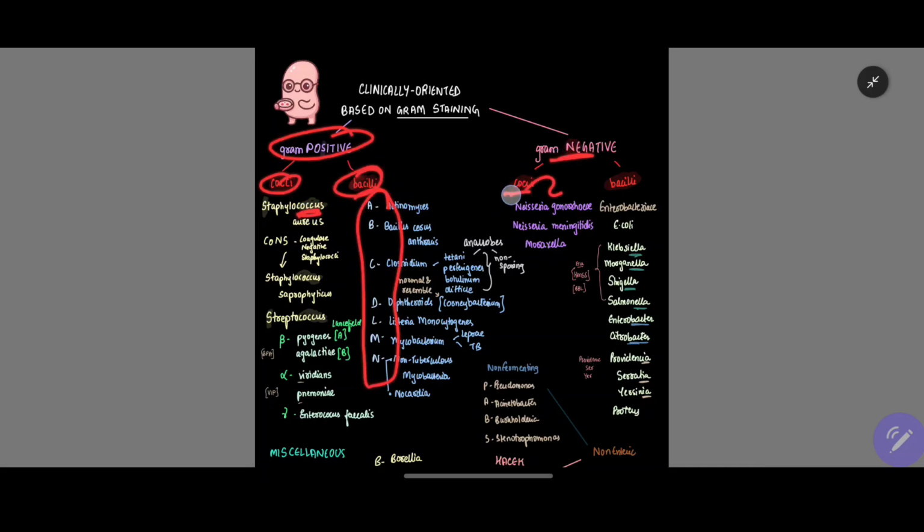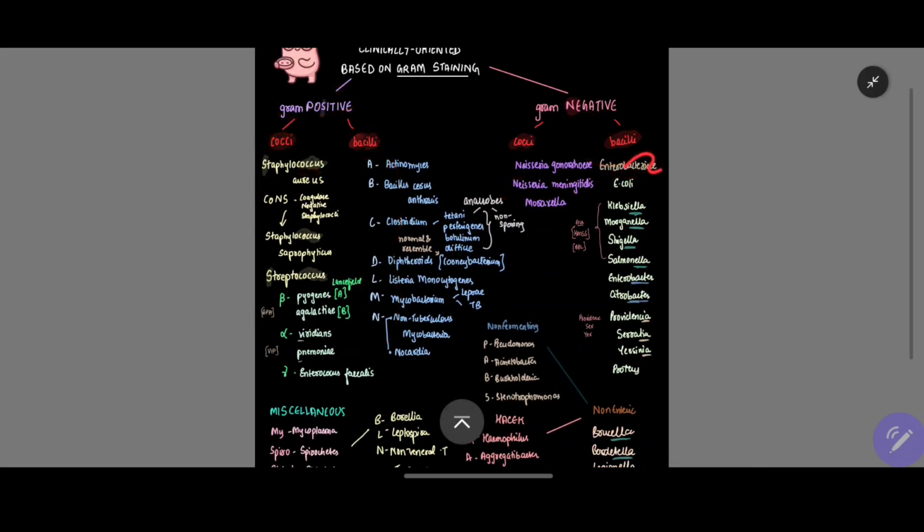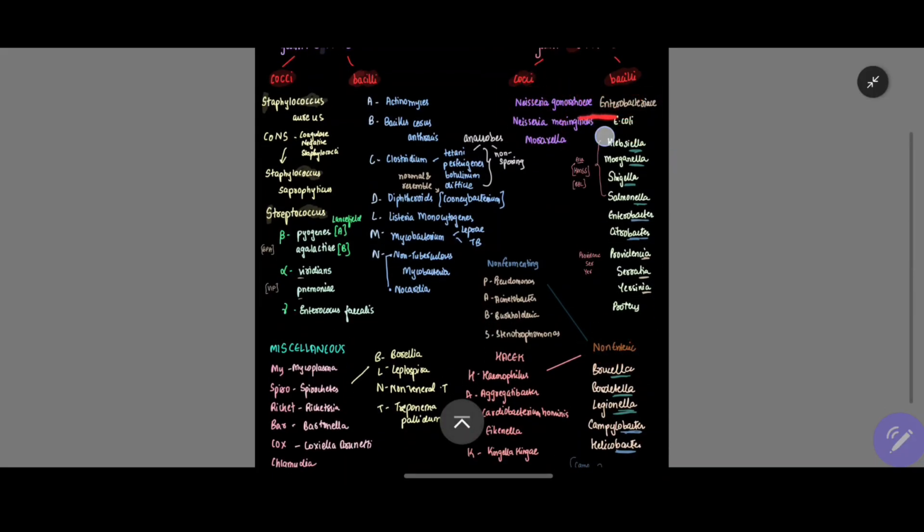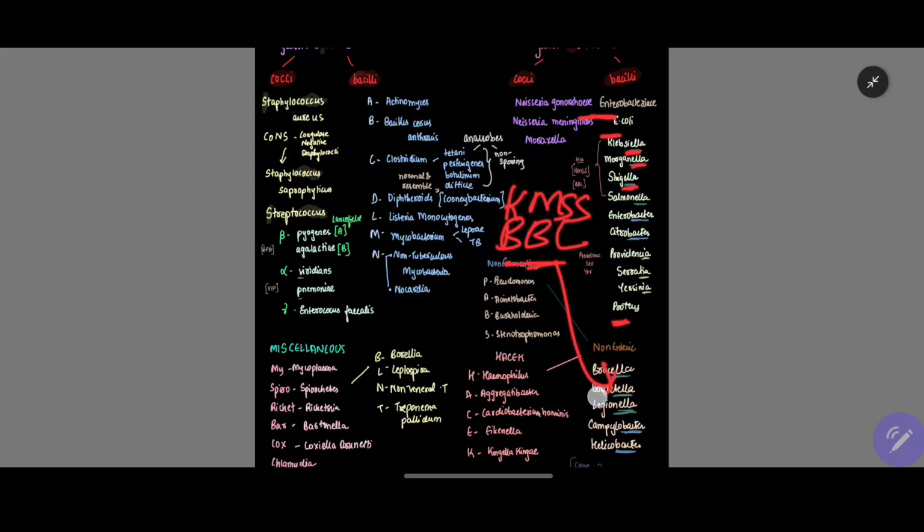Your gram-negative cocci start with NE, just like negative, and bacilli can be Enterobacteriaceae that are in your GIT, and then your non-enteric. Enterobacteriaceae were E. coli, Proteus, and the ones that were ending in Ella. So Ella wanted to kill herself, so KMS, and then she didn't get a BBL. So BBL is your non-enteric, and KMS is your Enterobacteriaceae, and then Bacter.